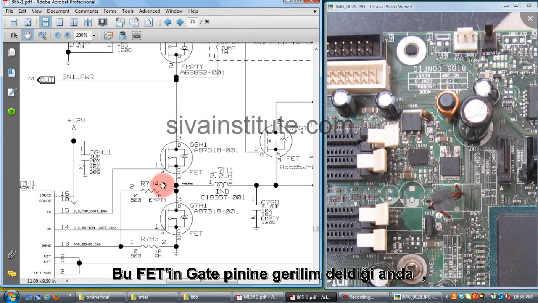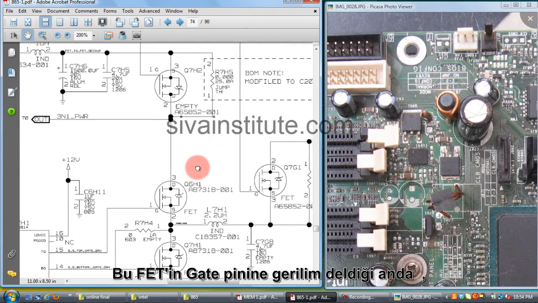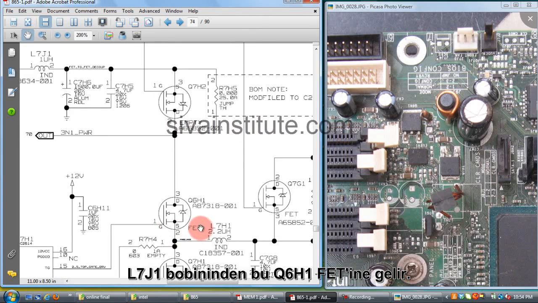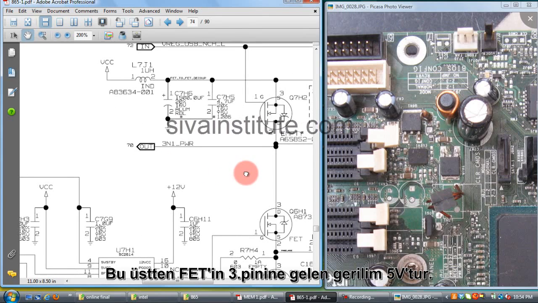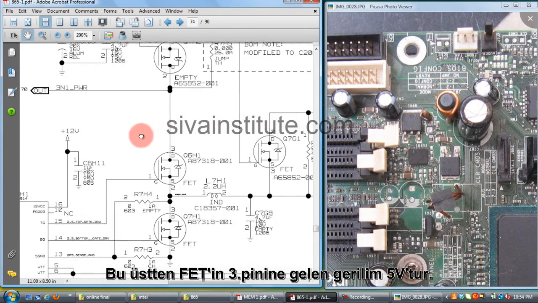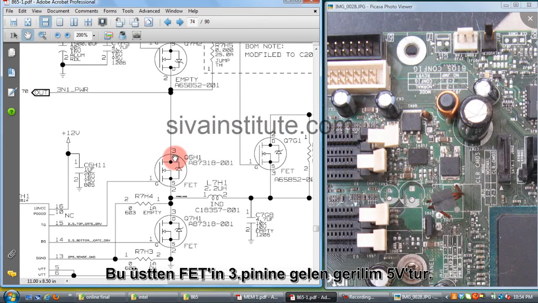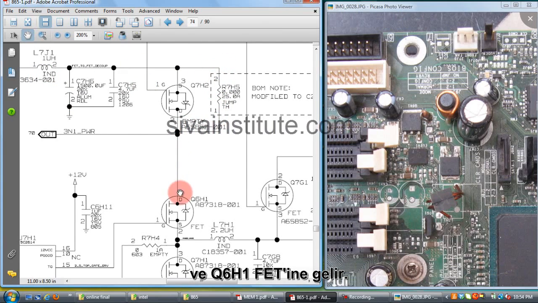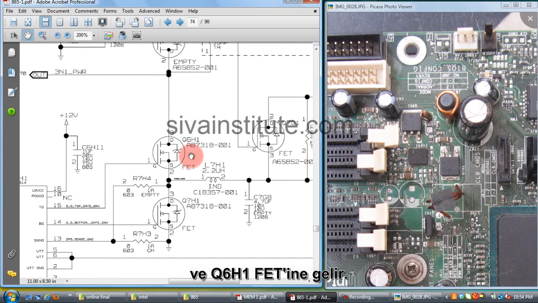When you give voltage to this gate, the voltage comes from the L7J1 coil to Q6H1. This 5 volt supply comes to this FET, pin number 3, through this resistor.